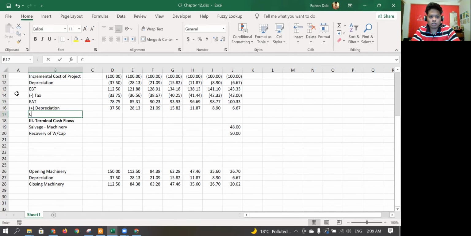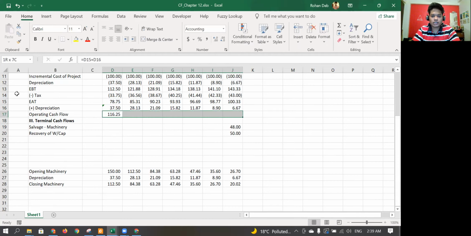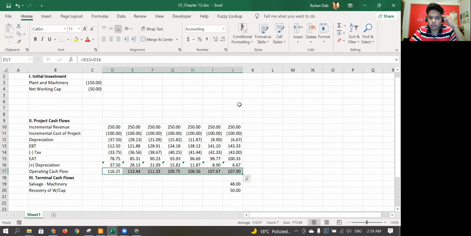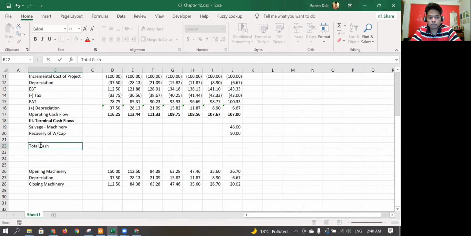Now this will give me the operating cash flow. In this case, there was no change in the working capital. The initial working capital and the working capital during the year was the same, so there's no difference in the working capital. That's why that has not been considered. Now this is my terminal cash flow.